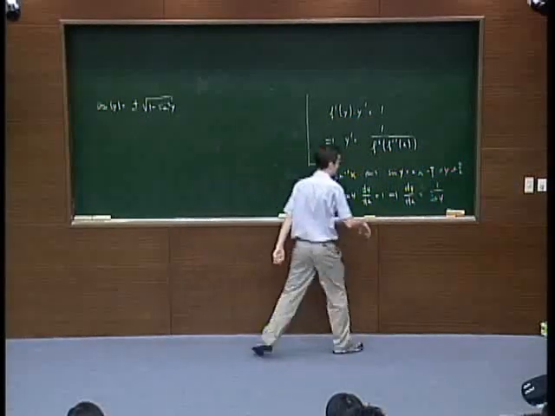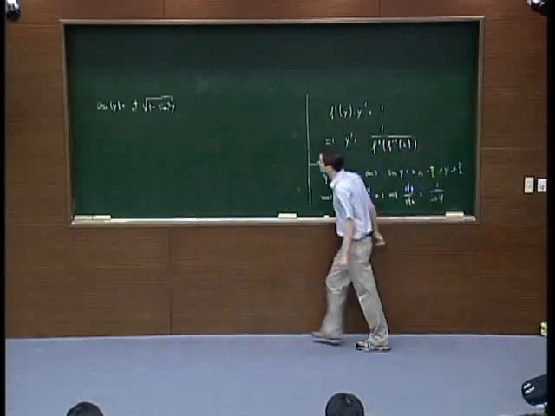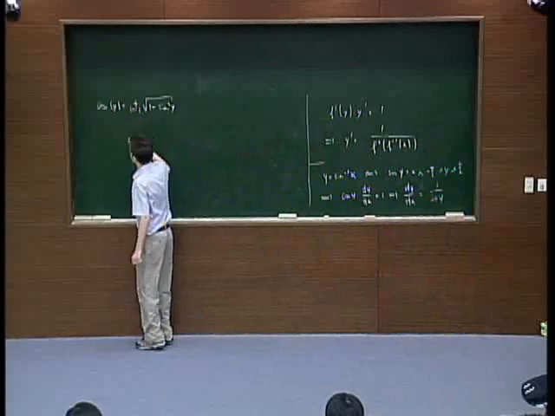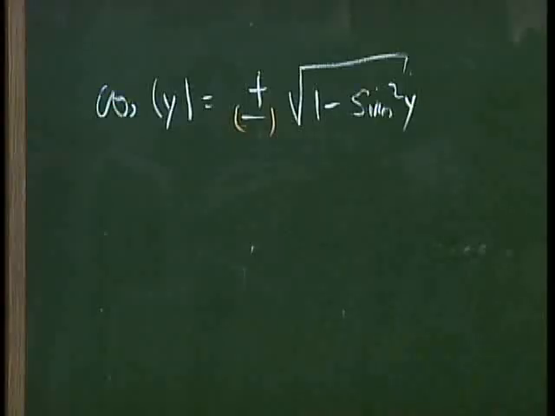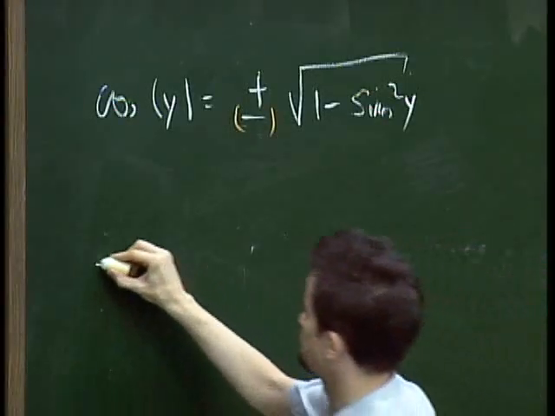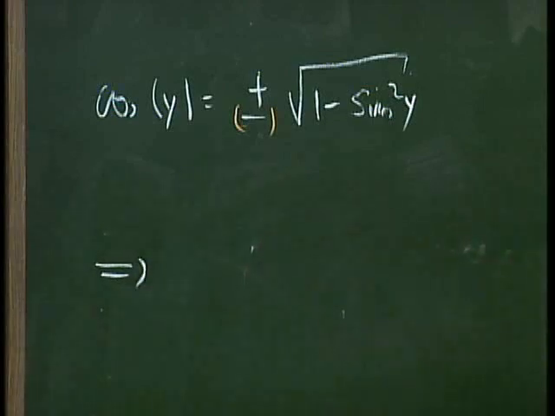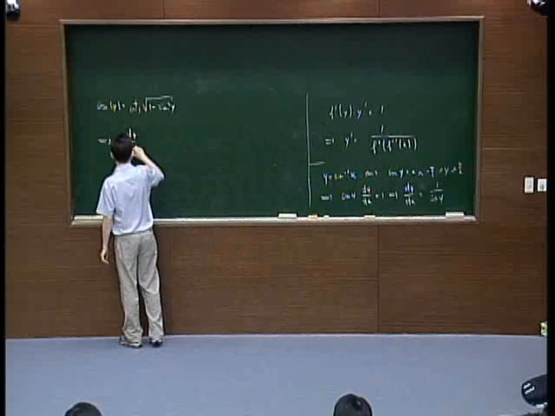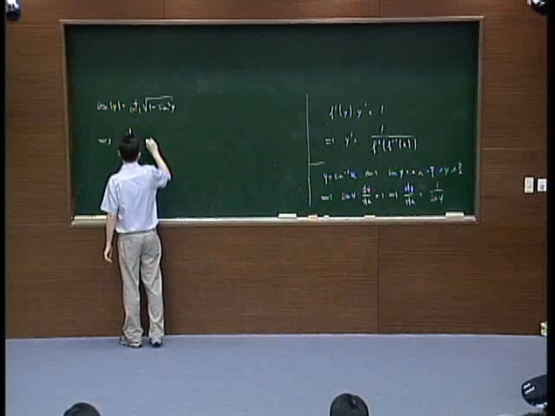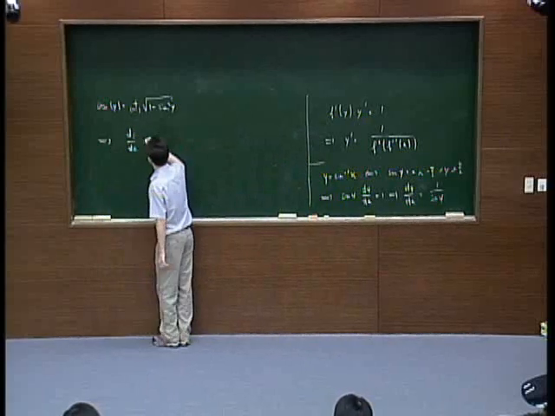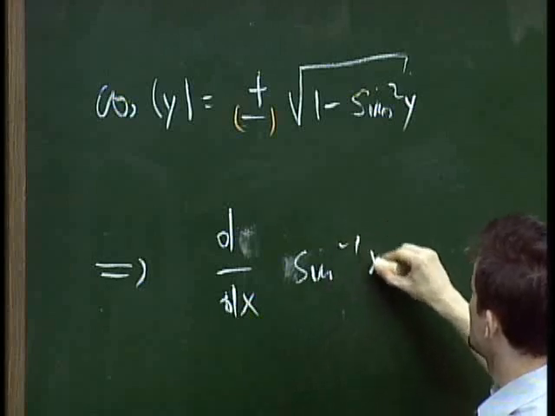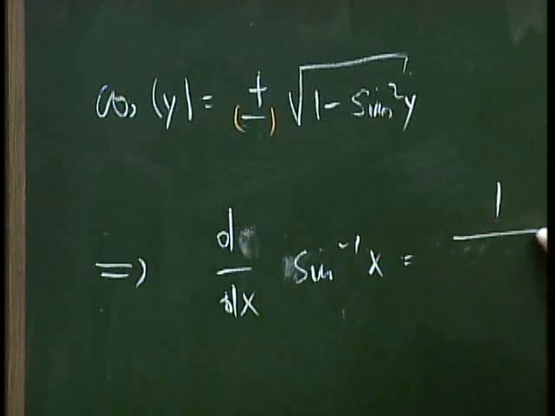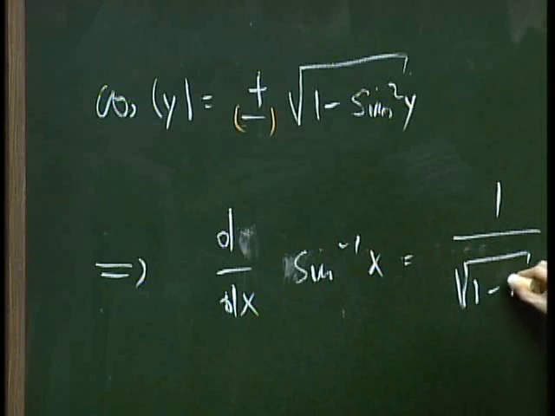You can discard the minus solution. You plug this in, and for y you plug in the inverse sine of x, and you get that the derivative of the inverse sine function of x is equal to the formula you might have learned already in high school.